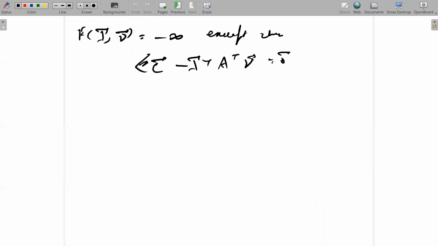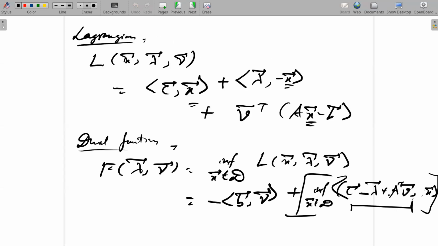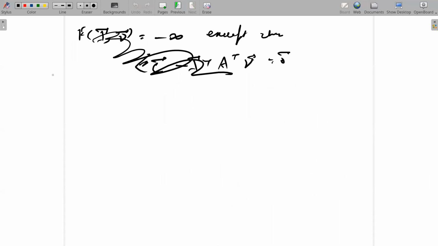Okay, so in any case, let's forget about this. So at least this part is clear. F lambda nu is given by this infimum. So next, what I want to do is look at the lower bound property, what we derive from here.